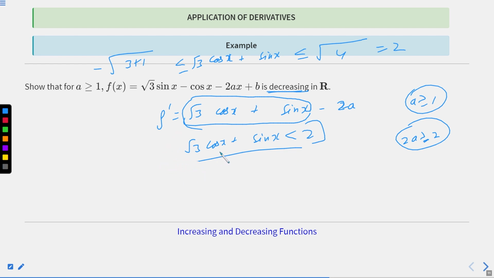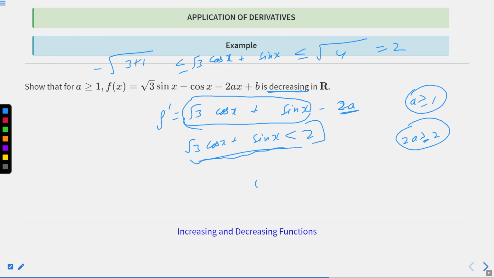This means this whole term is less than 2, and it cannot exceed 2, but 2a can exceed 2.